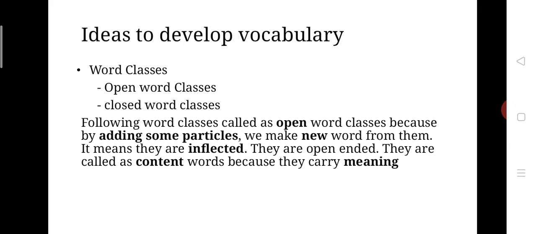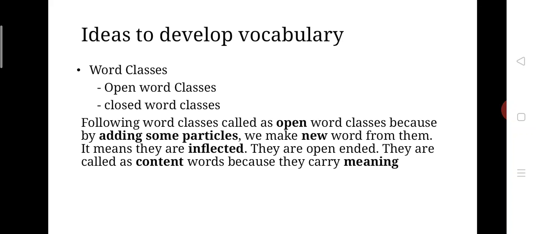See, the following word classes are called open word classes because by adding some particles we make new words from them. You can add to that particular word, the root word. It means they are inflected. They are open-ended. They are called content words because they carry meaning. That's why they are called open word classes.